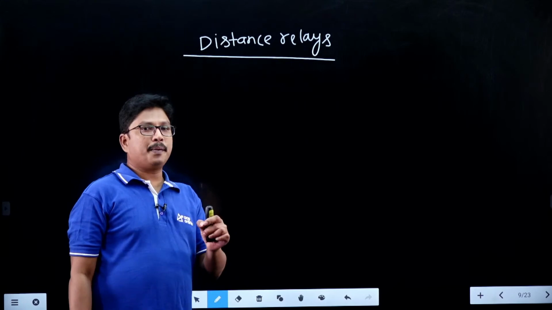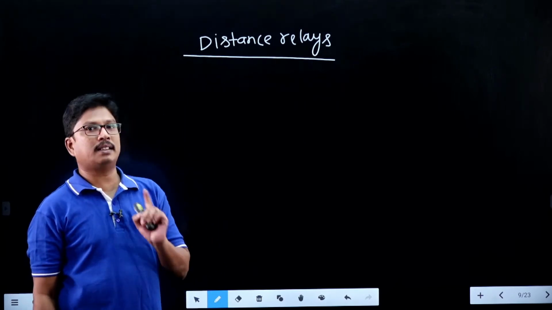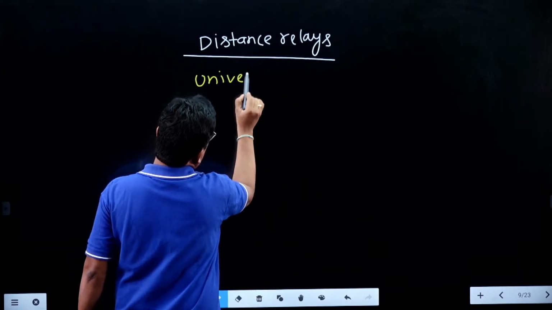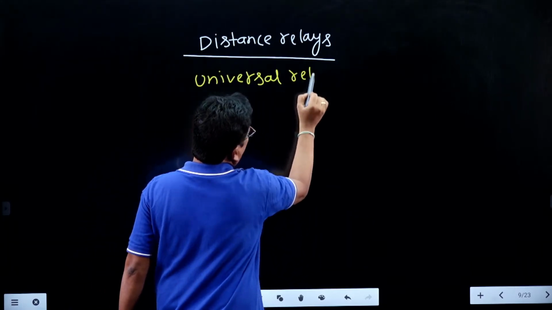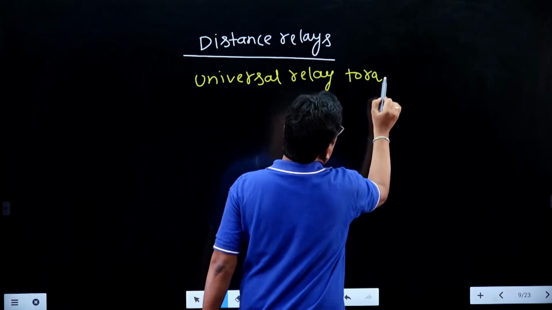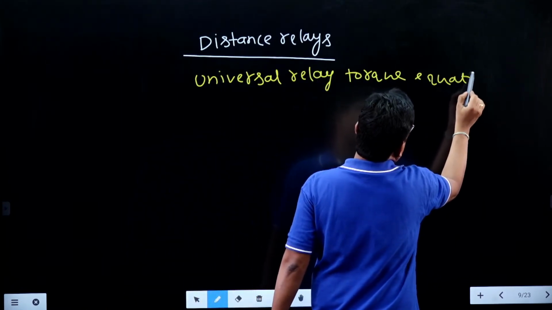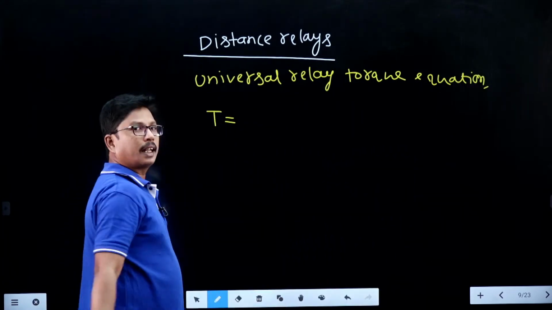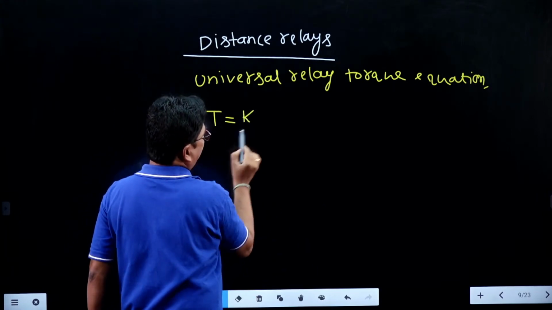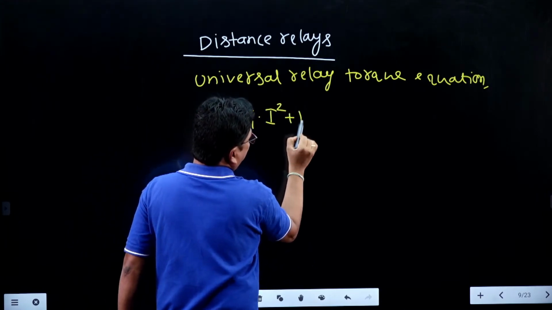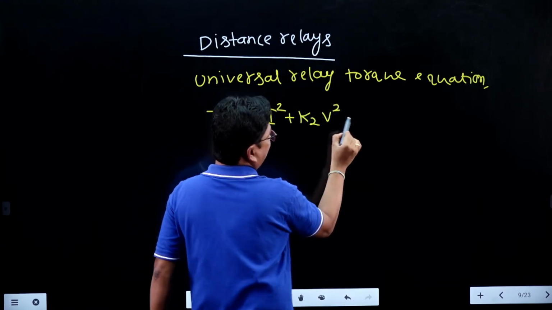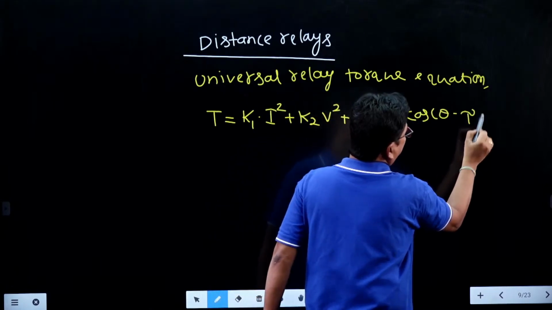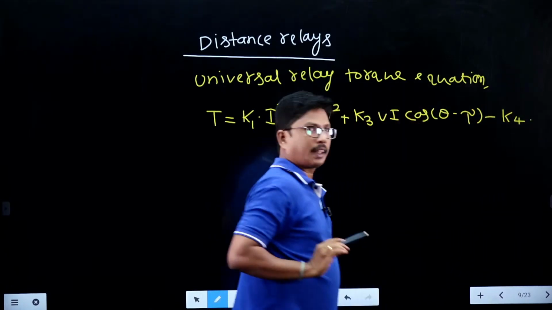Students, actually the universal relay torque equation. What is the universal relay torque equation? The net torque in the relay is nothing but some constant K1 into I square plus some constant K2 into V square plus some constant K3 into VI cos of (theta minus tau) minus K4.